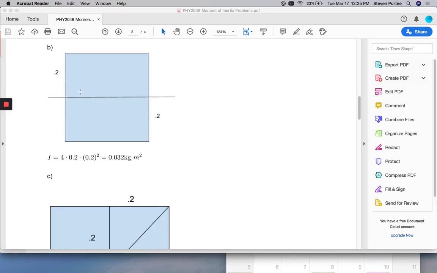So I wrote up 2 of them. There are 4 of them. This distance, and so forth. And they're all the same. So it's 4 times the mass times the distance squared. And we get this different moment of inertia. It's a smaller value. It's easier to make the square rotate around this axis than it was around the point at the center when everything was rotating in the plane.